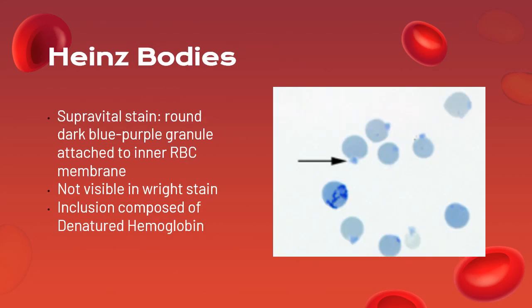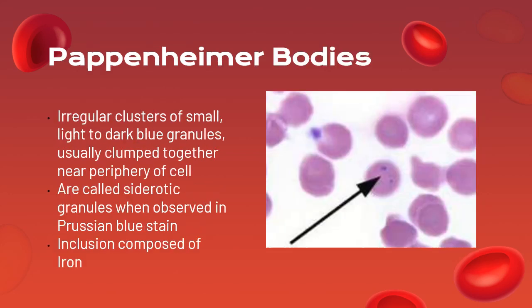Heinz bodies. So, using supravital staining, makikita natin yung round, dark blue, purple granules attached to the inner RBC membrane. So, these are not usually seen kapag right stain yung gamit natin. So, dapat supravital stain. So, this is inclusion composed of denatured hemoglobin. Pappenheimer bodies.